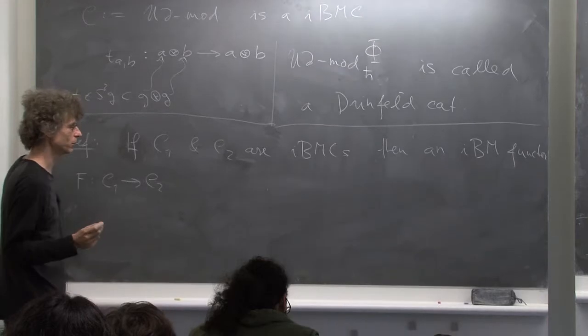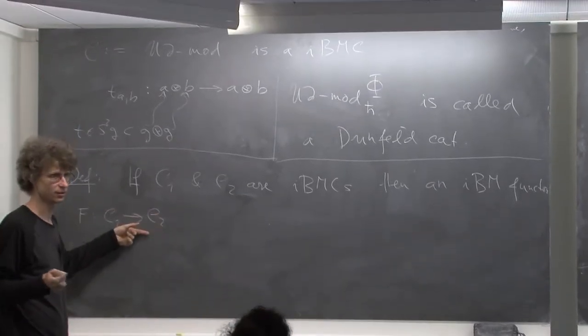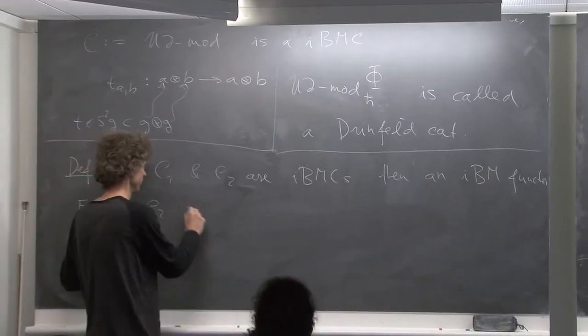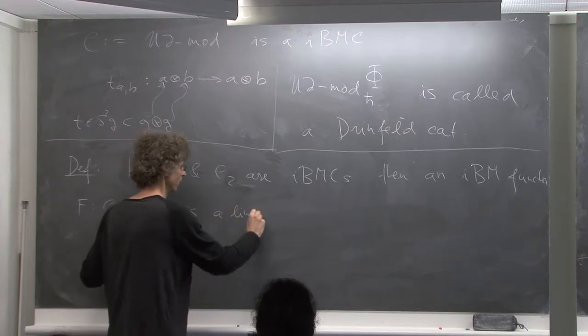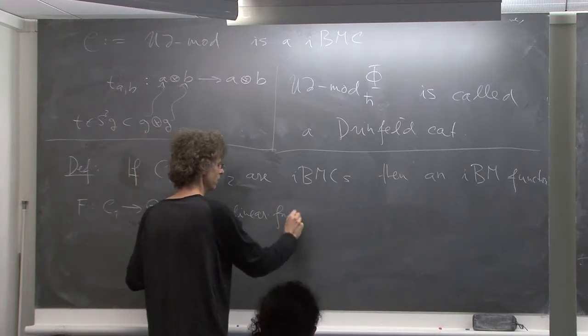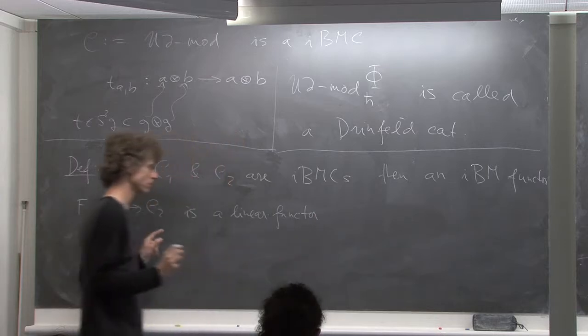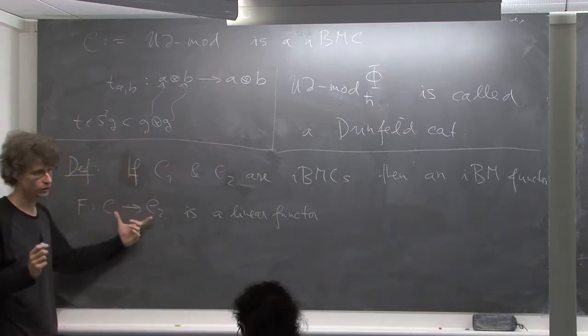So what would it be? Well, first of all, it's a linear functor. Easy. Linear functor, which is also monoidal.